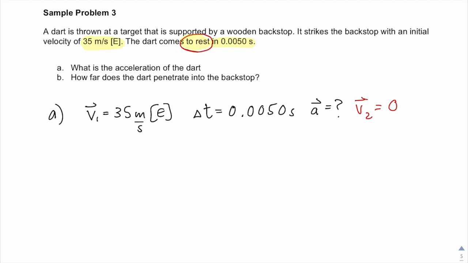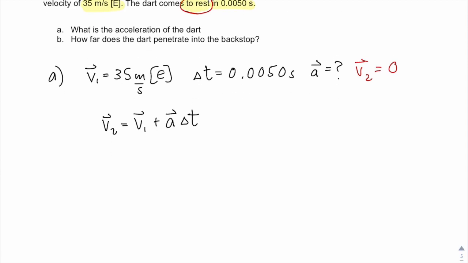So the equation that we will use is equation number 2, which states v2 is equal to v1 plus a delta t. This is actually just the equation for acceleration rearranged. So we can rearrange this equation.